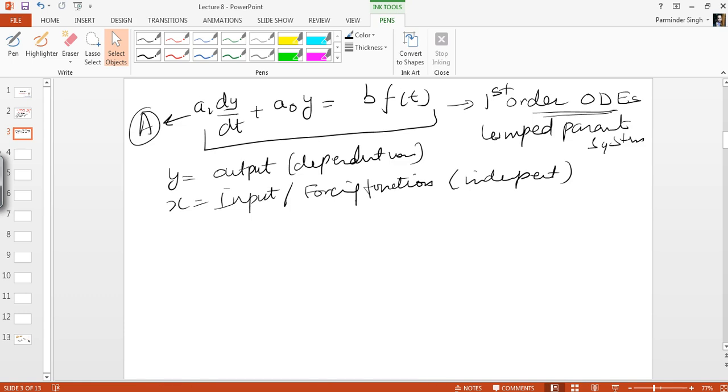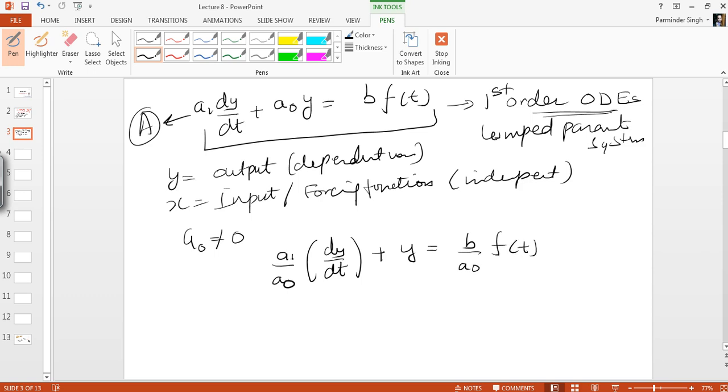Now in this case, if a naught is not 0, then this equation can be represented as a1 by a naught dy by dt plus y equal to b by a naught into f of t. Now this a1 by a naught is represented by tau p, and this b by a naught is represented by kp.